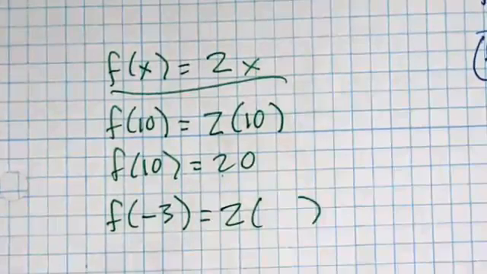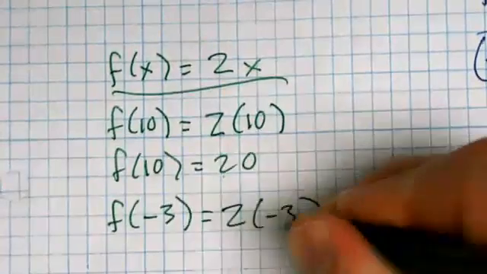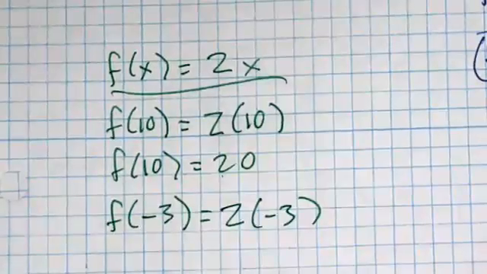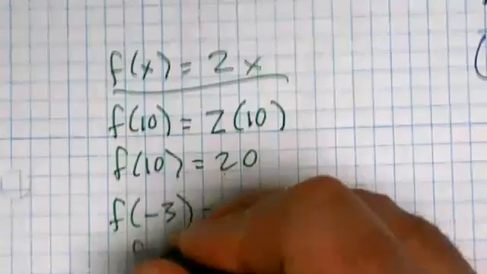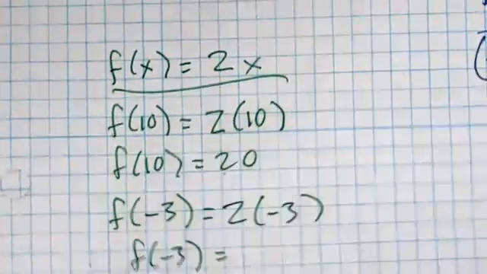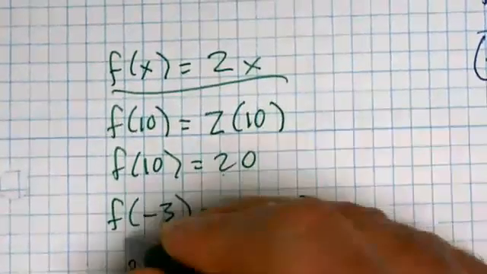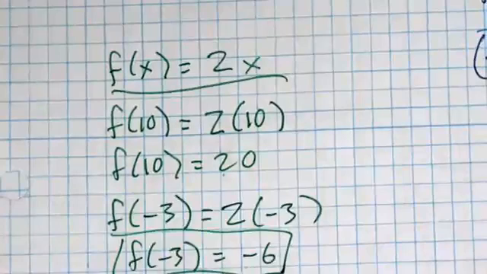We're putting a different number in for x this time. This time it's a -3. Okay, how'd you do? You get -6?